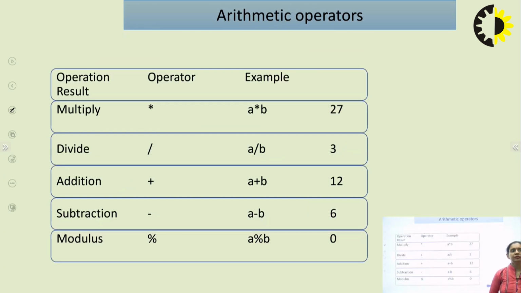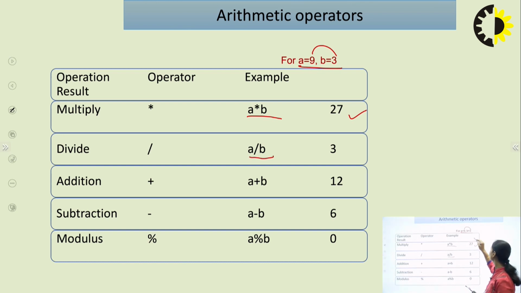Coming to the arithmetic operators, the first one is multiplication, whose syntax is A multiplied by B. If the value of A is 9 and the value of B is 3, then 9 multiplied by 3 will give us 27. Divide returns the quotient.